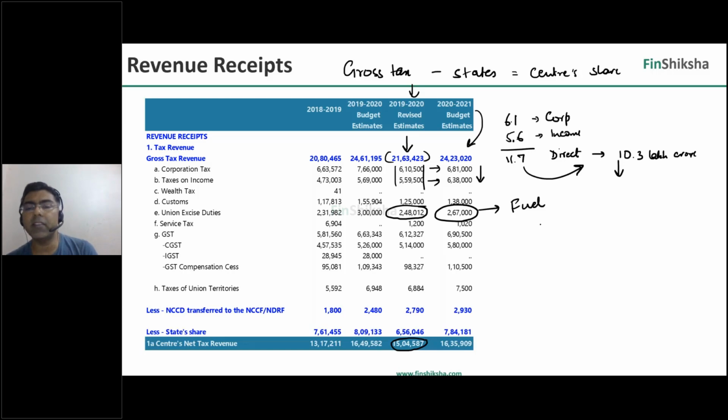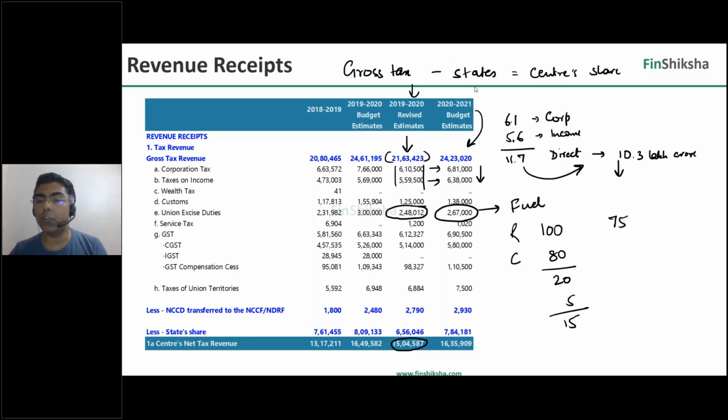If you assume a company has revenues of 100 and costs of 80, you are going to pay taxes on 20, right? That's the revenue, that's the cost. So you're going to pay taxes on 20, assuming 25% tax, 5 goes to 15, right? Now, if one quarter gets washed out completely, more or less, your revenue actually goes to 75. And it might not even be 75 if we don't see a recovery pretty soon in this quarter, right?